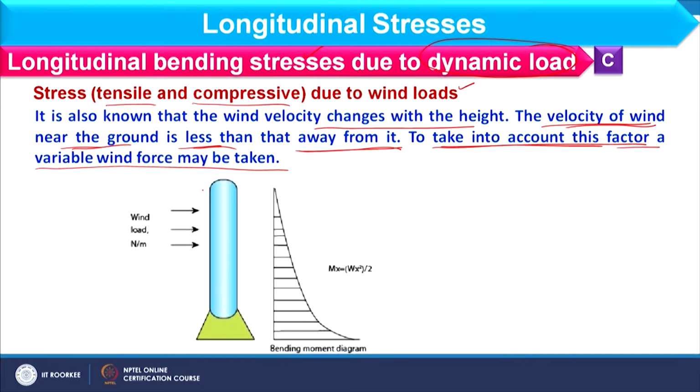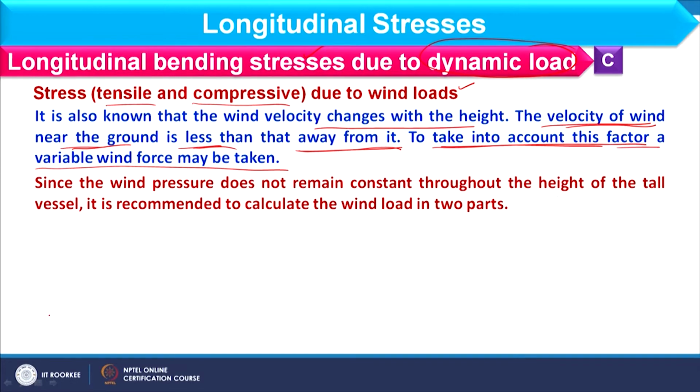You can understand from this diagram, where the bending moment diagram is shown and wind load will be applicable from this side, right. In this way you can see continuous variation of the bending moment in tall vessel, fine.